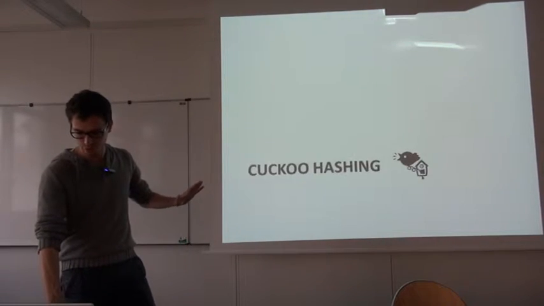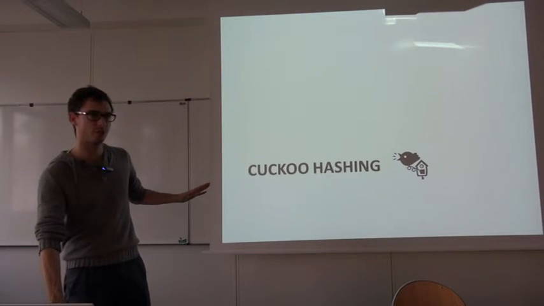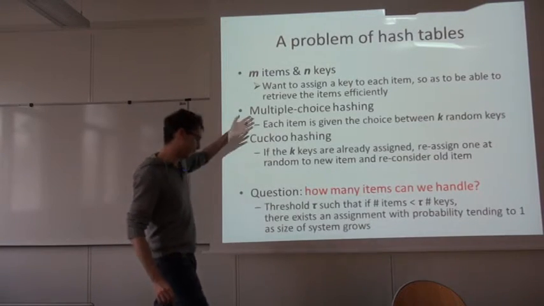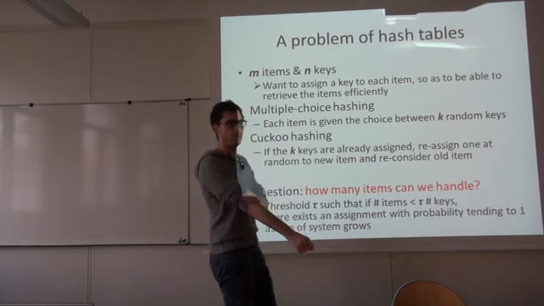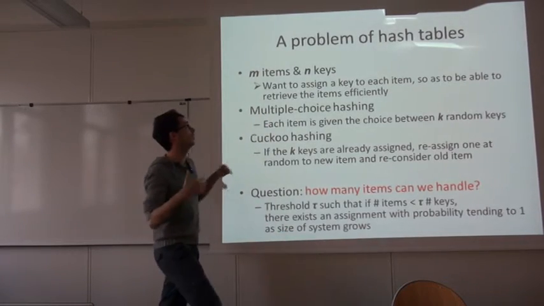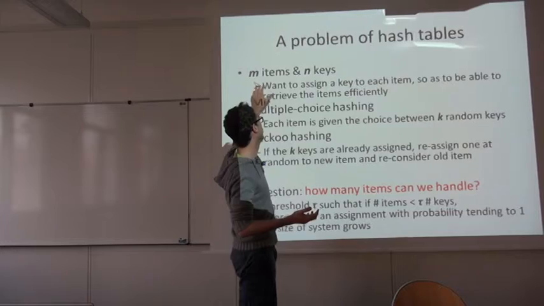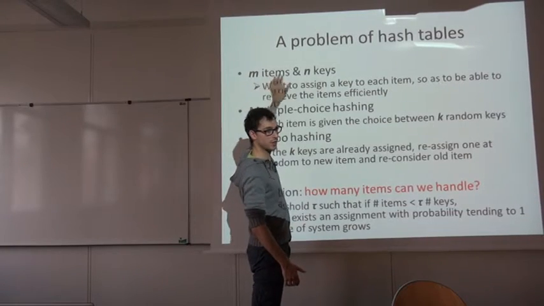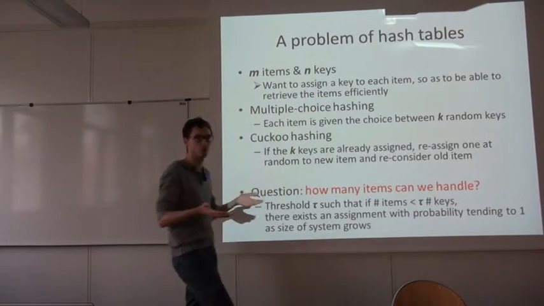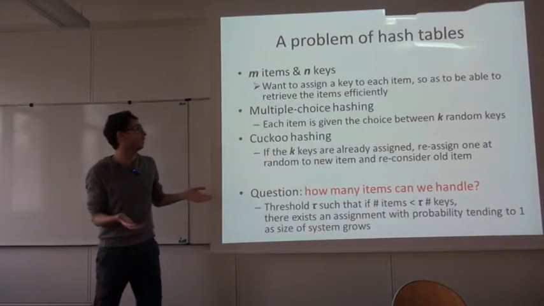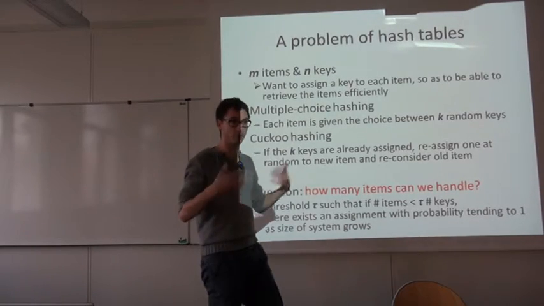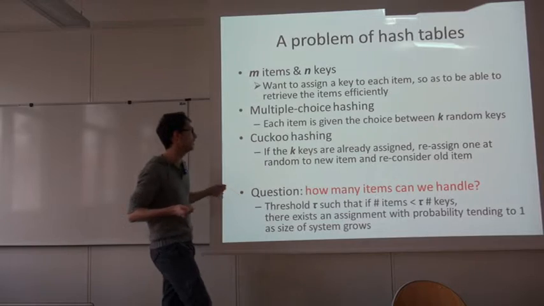I will switch very quickly to a second application, which is cuckoo hashing. As the name doesn't tell, it's actually a problem of hash table. So you want to build a hash table, you have a certain number of items, you have a certain number of keys, and you want to assign a key to each item so that you can retrieve the items very efficiently.